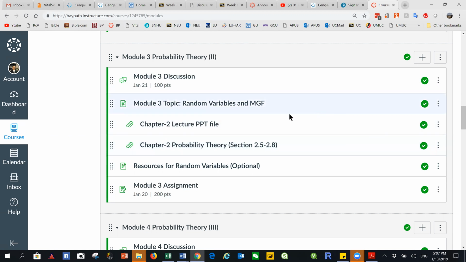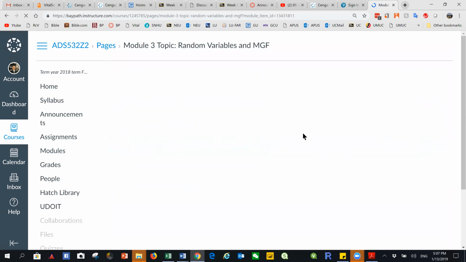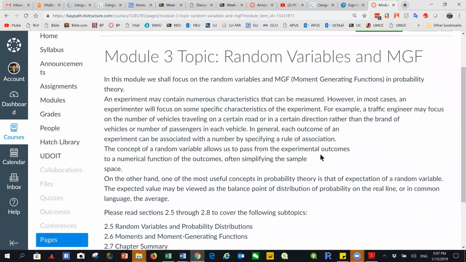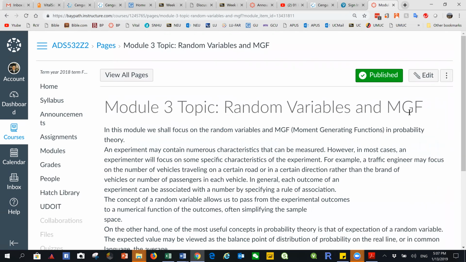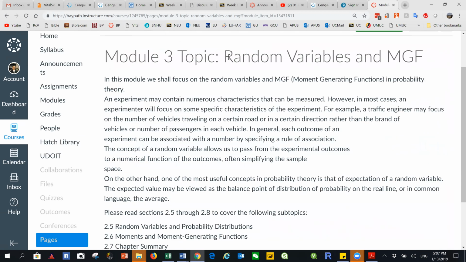All right. So here, let's take a look at the topic 3, and we see random variables and moment generating function. MGF stands for moment generating function. First, what are random variables?